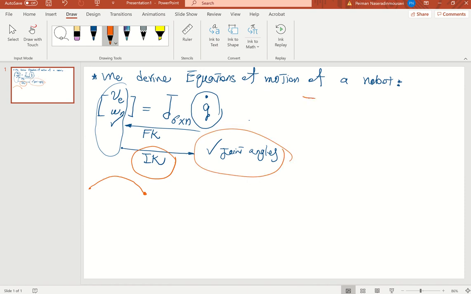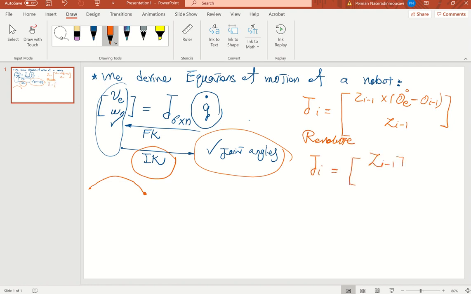And remember that the Ji was like this, for refreshing your mind: Zi minus 1 cross product of O of the end effector with respect to the base coordinate system minus Oi minus 1, and Zi minus 1 if the joint was revolute, and Zi minus 1 for the angular part, and 0 if it was prismatic.